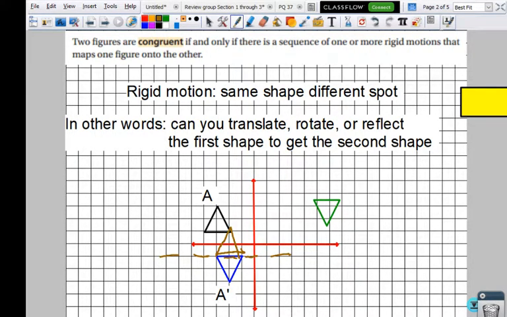To answer these, I need to list the steps I did in order, and you could have done these in a different order if you wanted to. The first thing I did was I translated, since I went right 1, then down 2. So I had to translate (1, -2). That was my translation, and that brought me to this brown shape right here. And from there, I reflected it over this line.